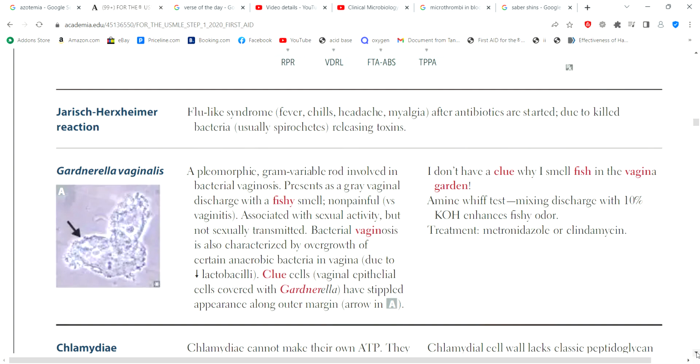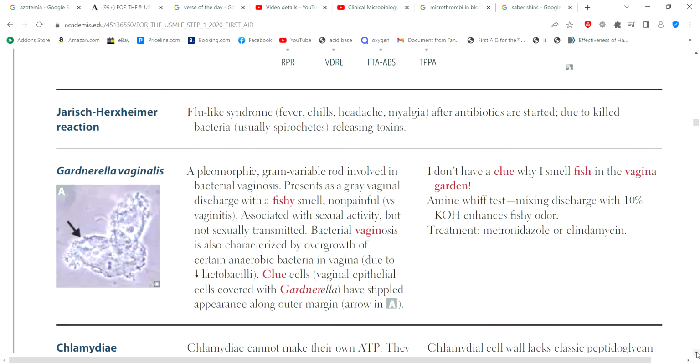So after you give the antibiotics, you're killing off the spirochetes, and they're releasing toxin, which gives you flu-like symptoms.